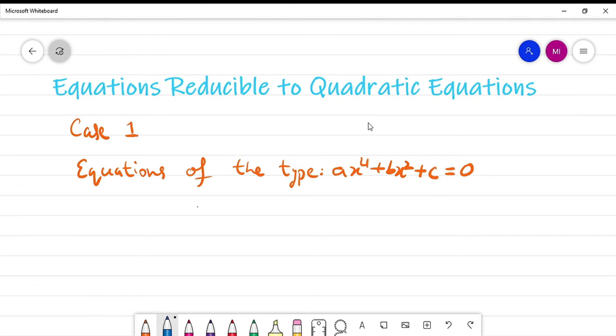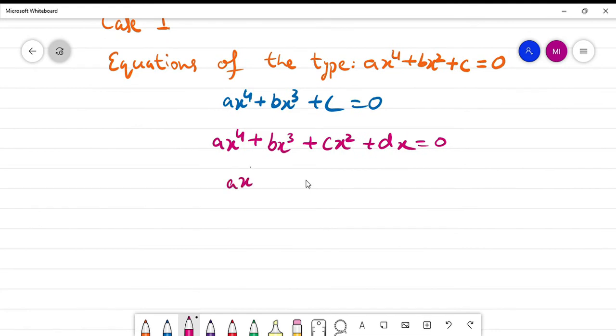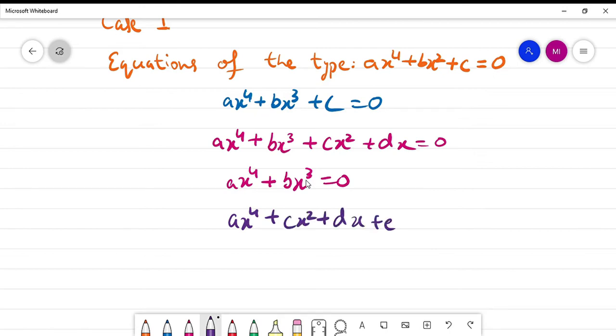We can't have ax to the 4th plus bx cubed plus c is equal to 0, or ax to the 4th plus bx cubed plus cx squared plus dx is equal to 0, or ax to the 4th plus just bx cubed is equal to 0, or say ax to the 4th plus cx squared plus dx plus e plus bx cubed is equal to 0.